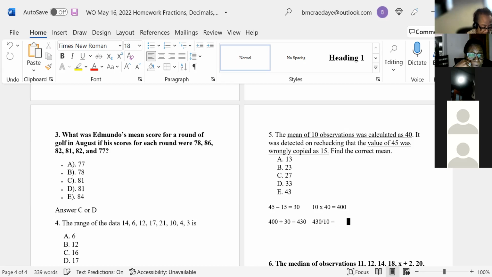Okay, let me put it here. 10, and let me use an asterisk for times. 10 times question mark equals 430. What number do I multiply by? Well, I'll put an N here.